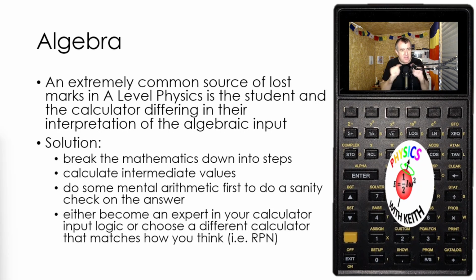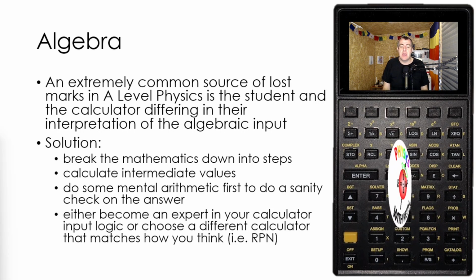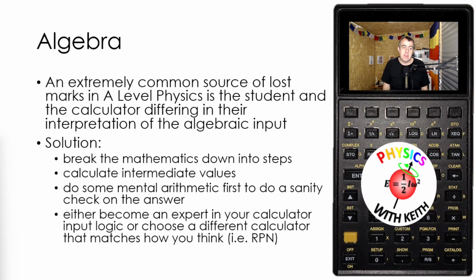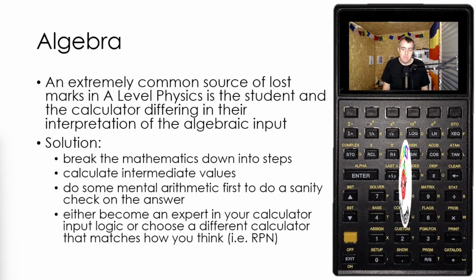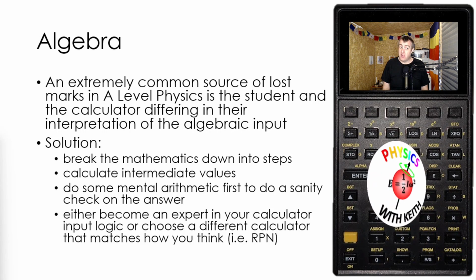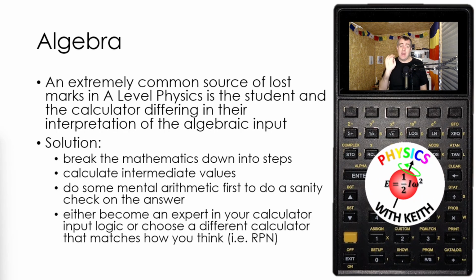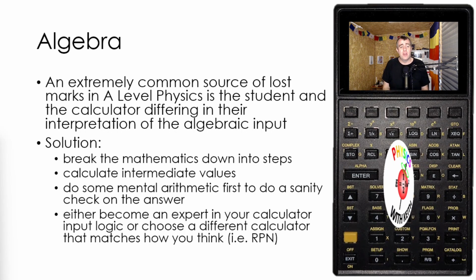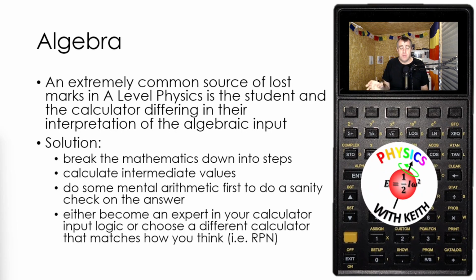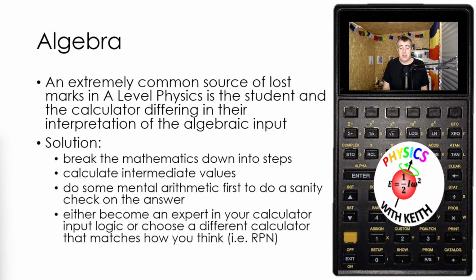Always do a quick check to see what you expect the answer to be, and see whether the answer the calculator gives you is reasonable, even if it's just a quick order of magnitude check. Finally, in the extreme case, if you're having problems because your calculator keeps disagreeing with what you want it to do, well, get a different calculator.